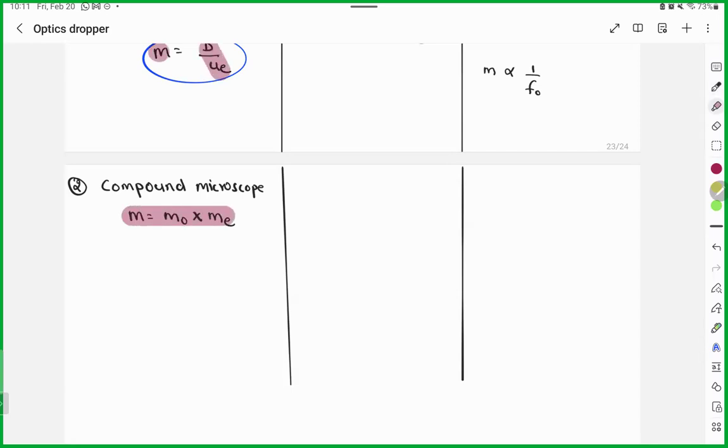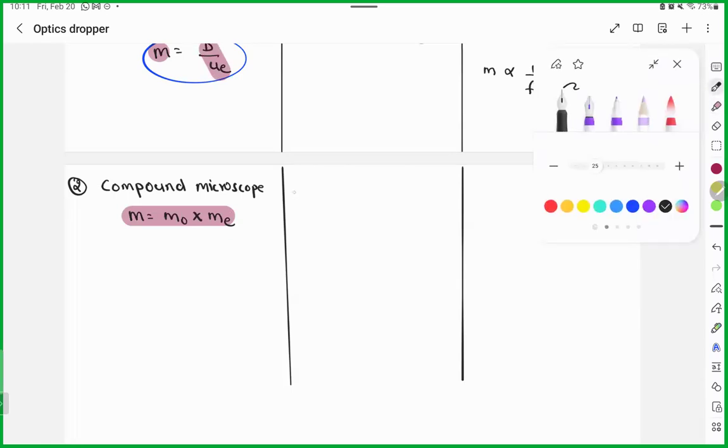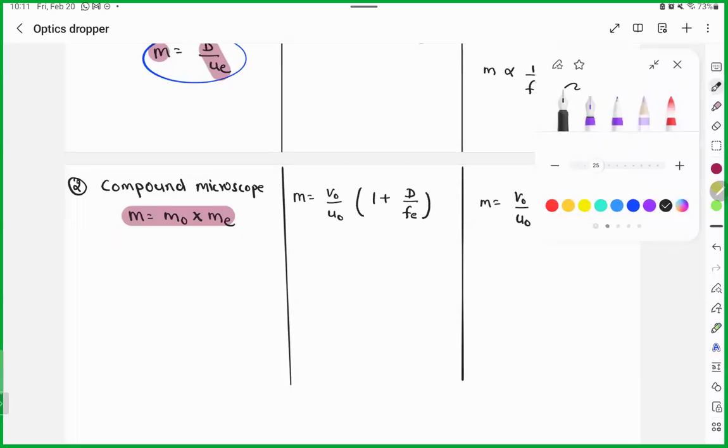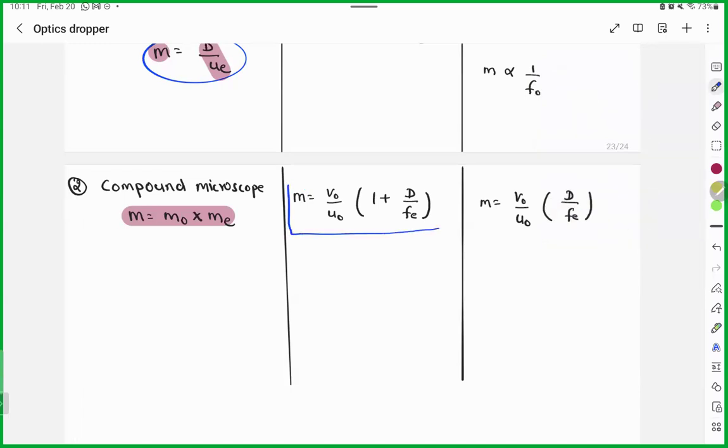Magnification is equal to D by U, so it is just an application of the simple microscope. Your total magnification will be equal to V naught by U naught times 1 plus D by FE. And here, at infinity, magnification is V naught by U naught times D by FE. Any doubt, guys?